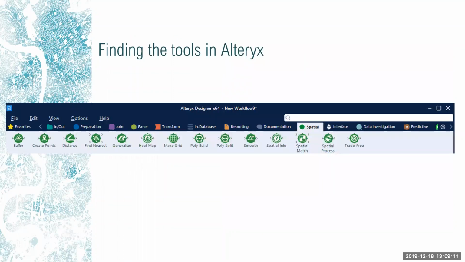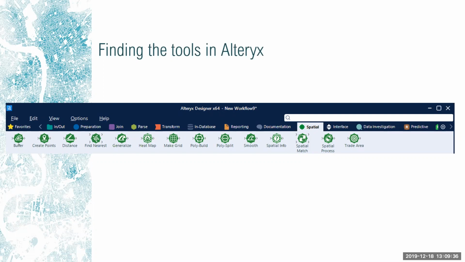And the benefit of Alteryx for this is that it can easily use its inbuilt tools to turn traditional data types into these spatial elements. These tools can be found in their own spatial toolbar. And on this slide, I've included an image of where they live.